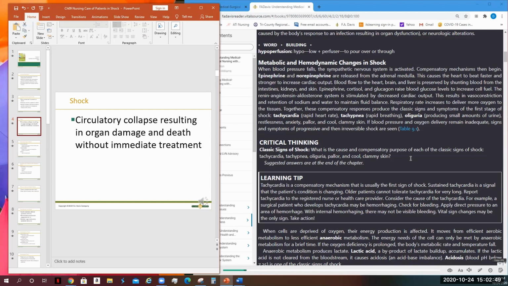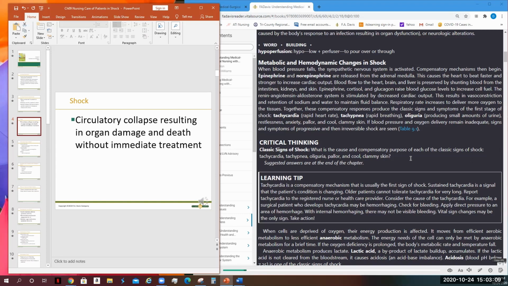Critical thinking. What is the cause and compensatory purpose for each of the classic signs of shock? Tachycardia, tachypnea, oliguria, pallor, and cool, clammy skin.